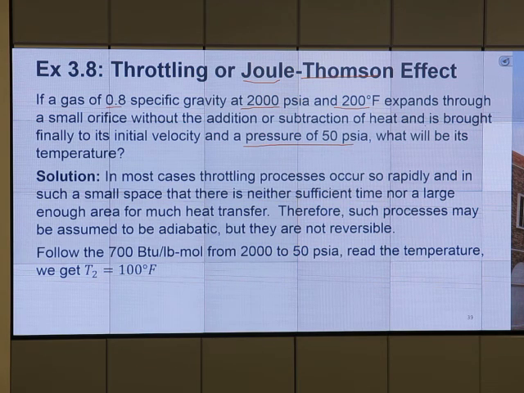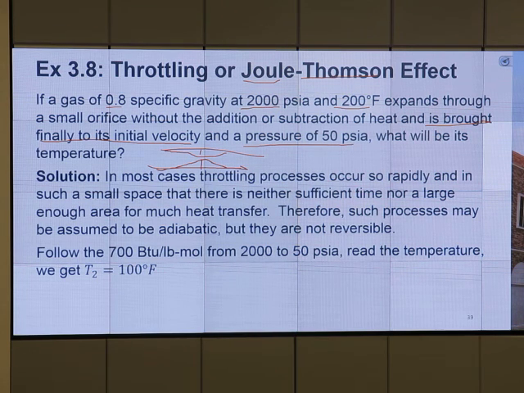So when it's brought finally to its initial velocity, this means you have an orifice plate, so you have contraction, expansion. Finally it reaches the same velocity, so there's no change in the kinetic energy. Okay? And the pressure of 50 psia. What will be the temperature?